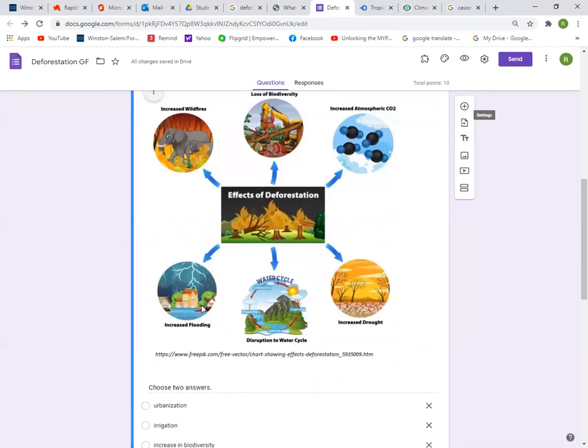Increased flooding. Plants are very good in absorbing water and store this in their stems and leaves, and also let it transpire into the air, making our air cooler and sometimes also warmer, because water vapor is also a greenhouse gas, which we'll be learning too. Disruption of the water cycle.